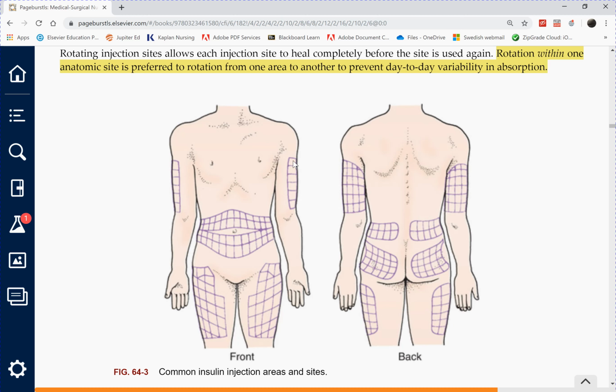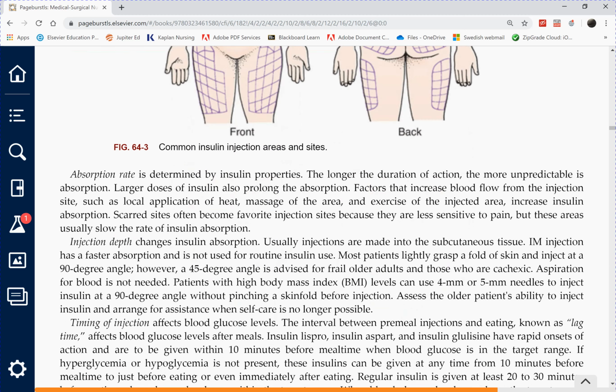So you stay here for breakfast, lunch, dinner, bedtime, and then proceed with breakfast, lunch, and then go on to the other side. Don't go breakfast here, lunch here, dinner here, because the consequence is there will be variability in absorption if you go from one anatomical site to another.